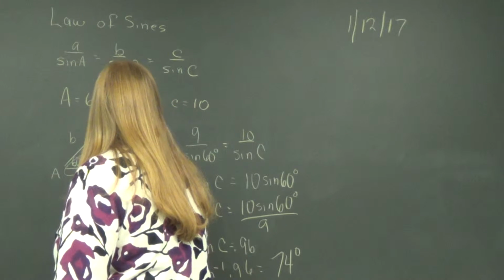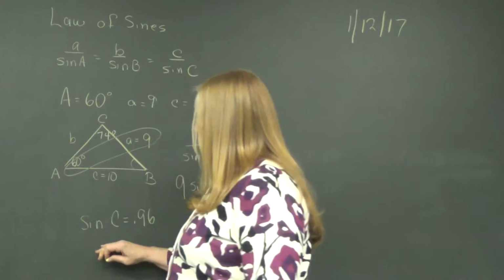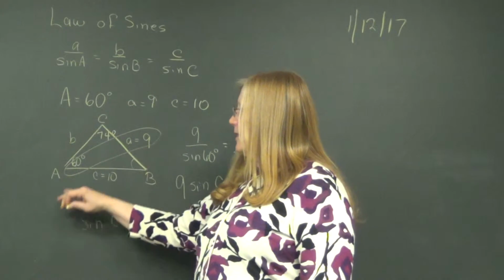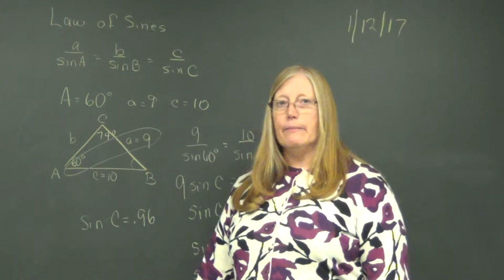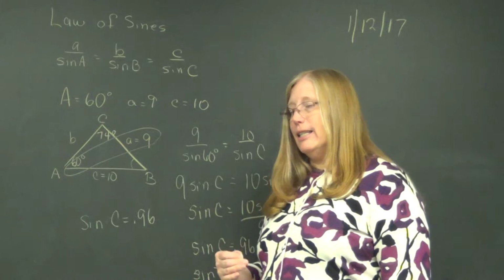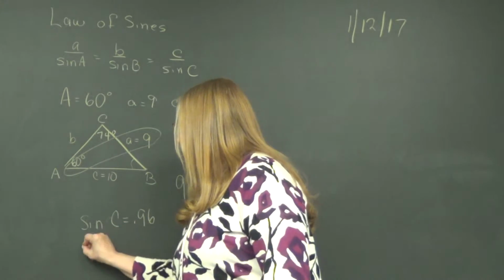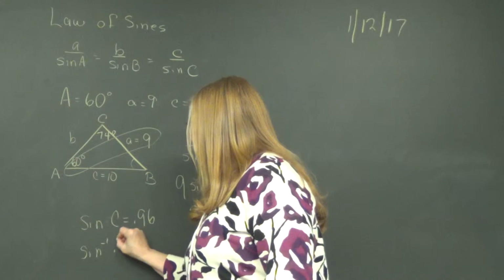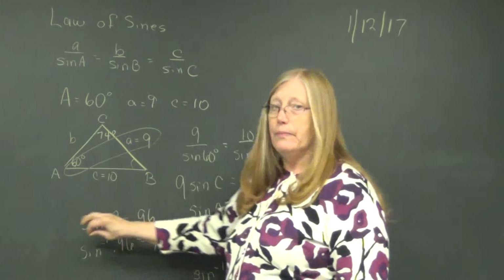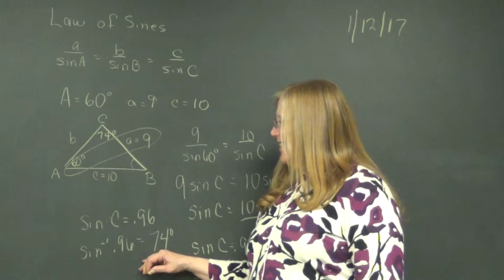When you have sine of some angle, in this case sine C equals 0.96, I have to give you a warning because the law of sines is somewhat limited. It can only get the right answer under certain conditions, because the inverse sine of 0.96 did give me 74 degrees. But I know, because I know about these things, there's another angle.